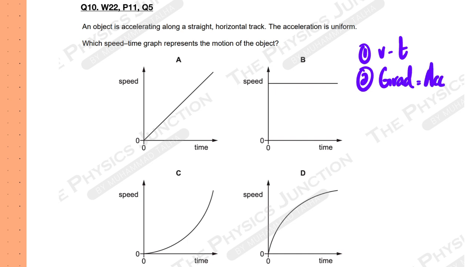So if the acceleration is constant, this means I'm looking for a case of a constant gradient as well, and lines have a constant gradient. I have two lines here, so it cannot be a curve, but this line does not have any gradient. This is zero gradient, so it's just A.